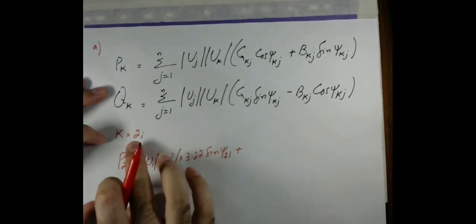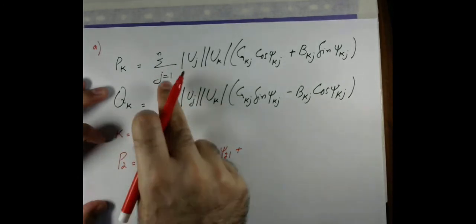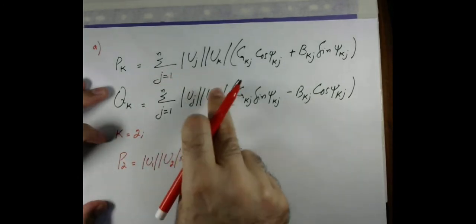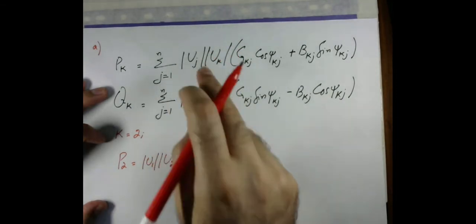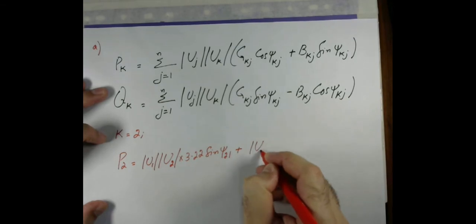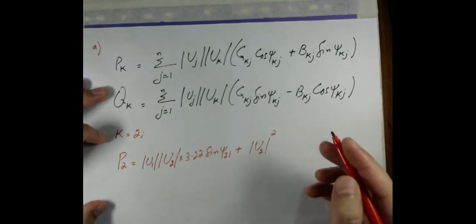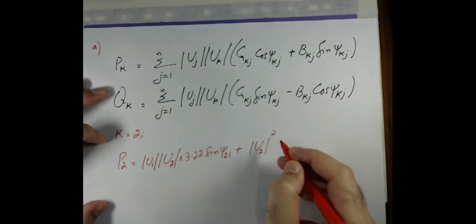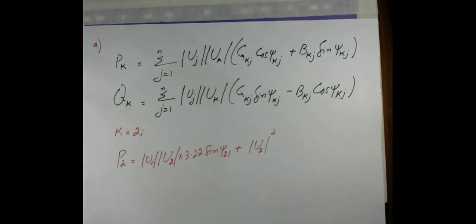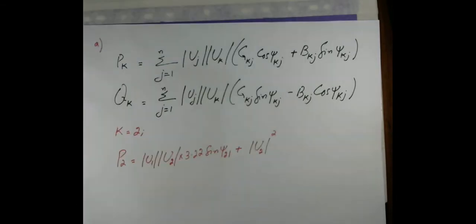Now k equal to 2, we have written for j equal to 1, and now j will be equal to 2. If j is 2, and k is already 2, this will become u2 squared, into, as the conductance term is 0, B22, which we know is minus 3.22.